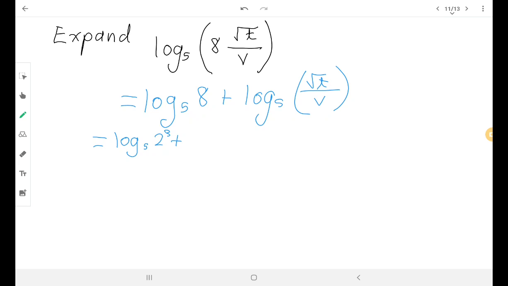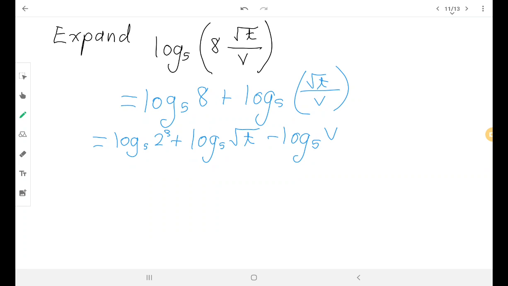Plus log base 5 of the square root of t minus log base 5 of v. So now we've changed all of the multiplication and division into addition and subtraction.